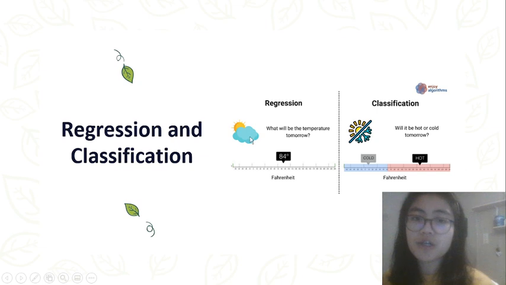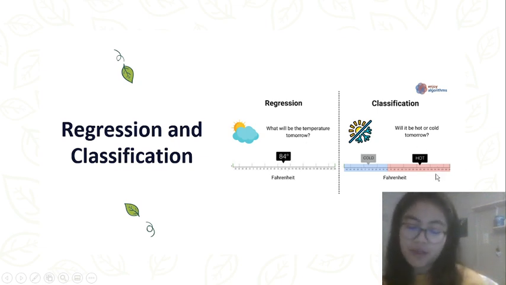As you can see here, the result is, for example, 84 Fahrenheit. But the classification model assigns a data point to a specific category. In this case, they assign to the cold or hot category. Their output is different: this one is a class and this one is a numeric value.